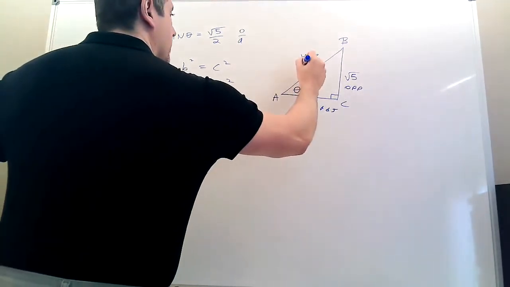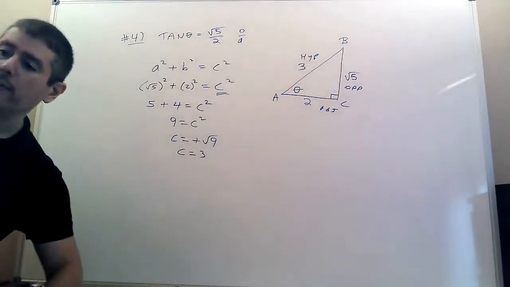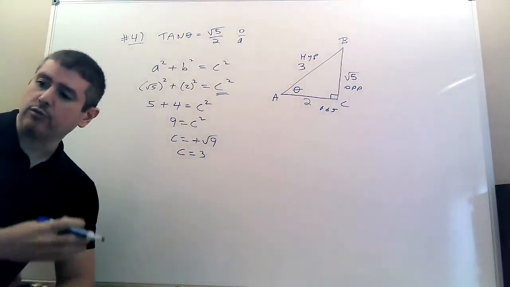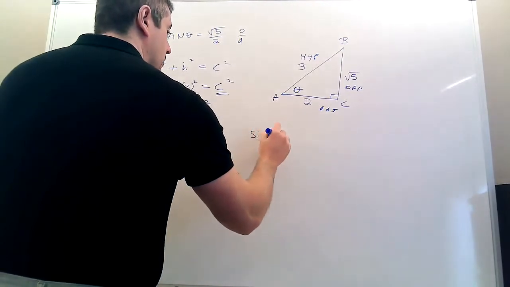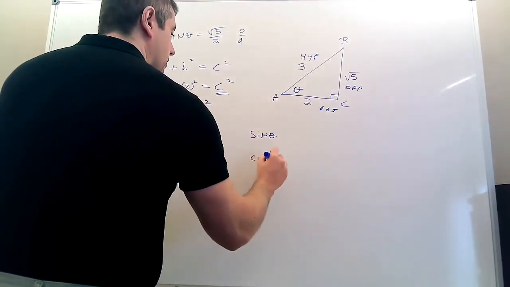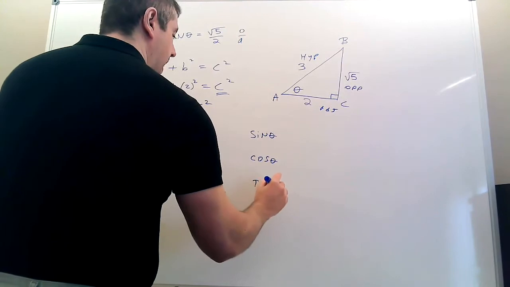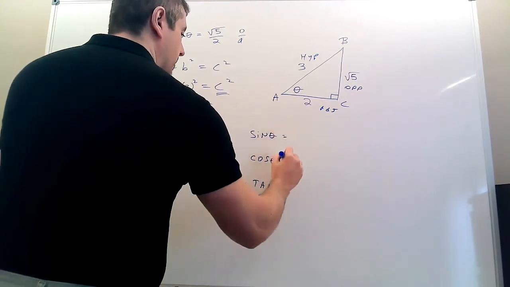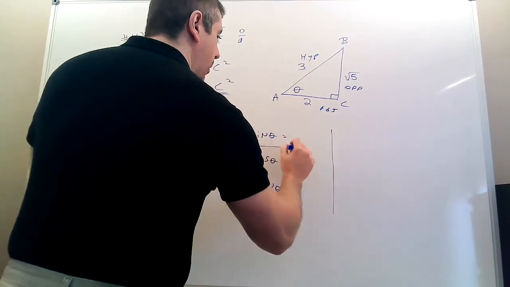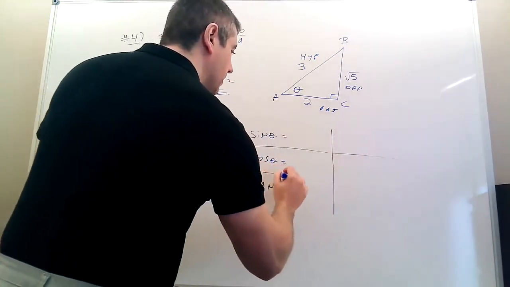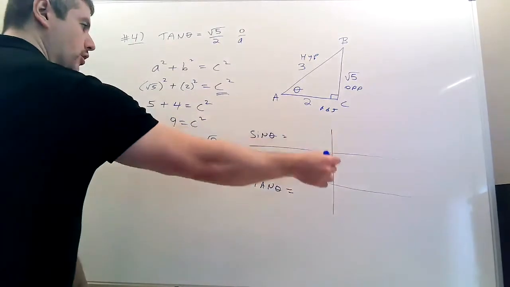So let me put my 3. I want to put it on the actual triangle because I'm about to read off all the values. So remember what I taught you to do. You're going to write sine, you're going to write cos, and you're going to write tan. I could have saved myself a few seconds of work by writing them next to them, you put the partners. This is important. Make sure the partner goes across from it.